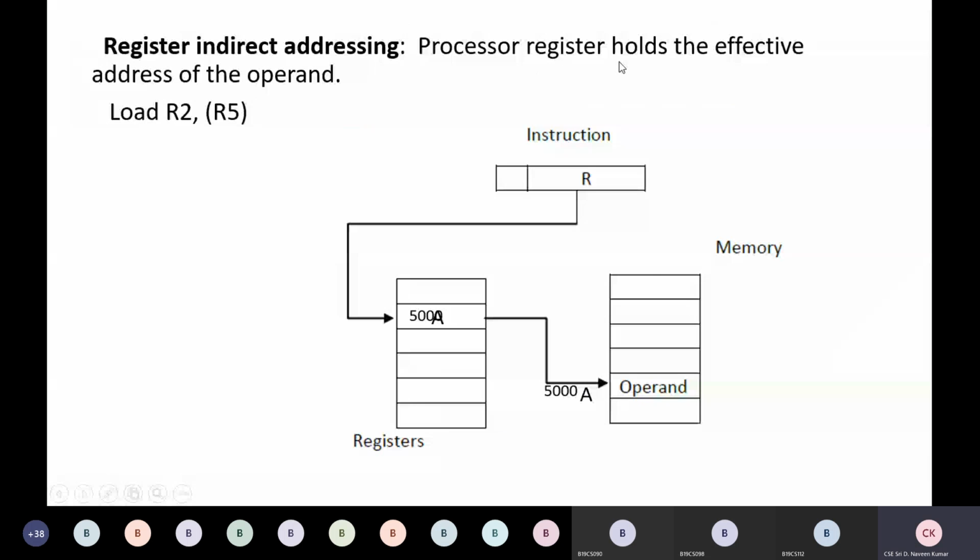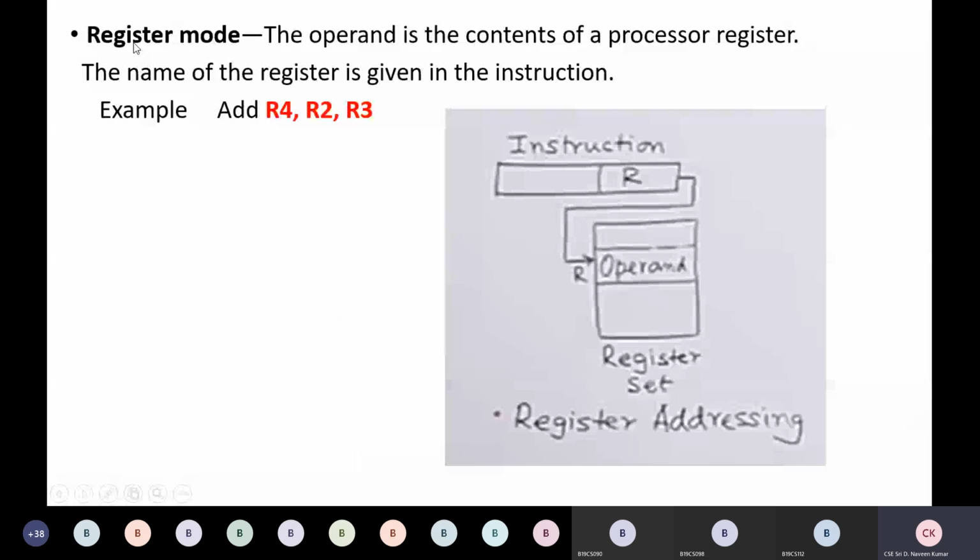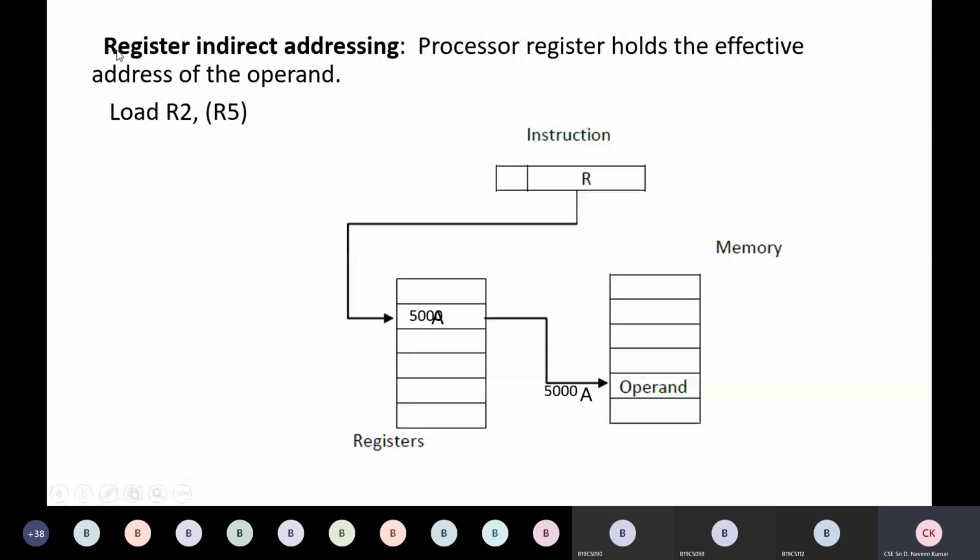Next is register indirect addressing. The one before was register mode. This is an example where we have the opcode load, and in the operand part R2 comma R5.